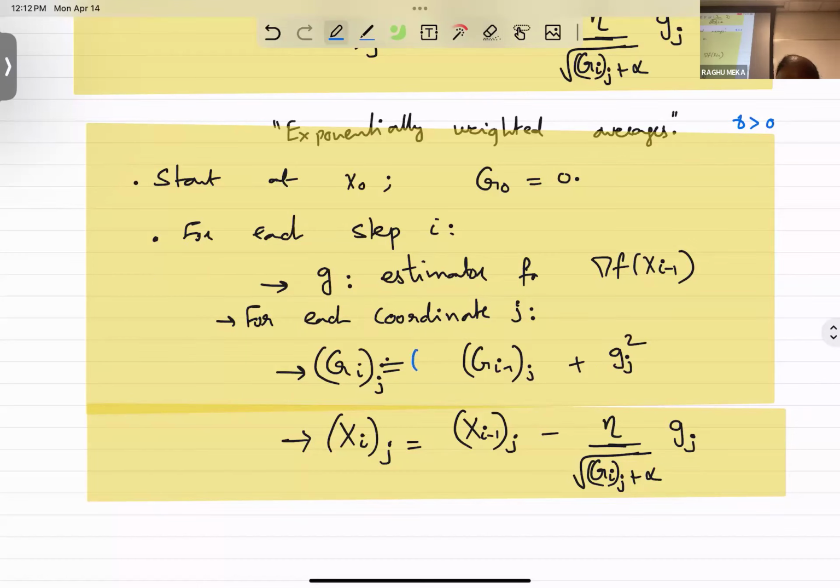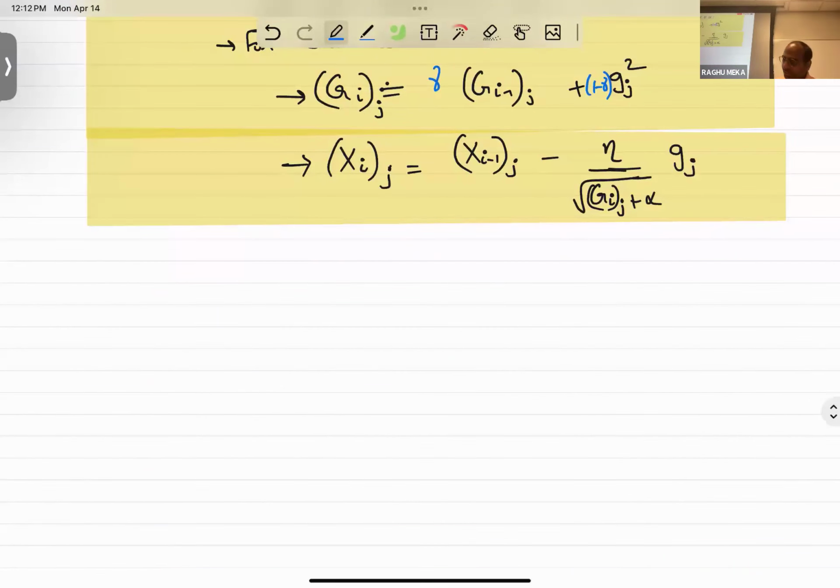It doesn't really matter, but let's stick to something like this. Right? So this is exponentially weighted averages, meaning the things which are most recent will have a lot more weight in the average compared to the previous ones. All right. So that's the first modification to AdaGrad you can do.